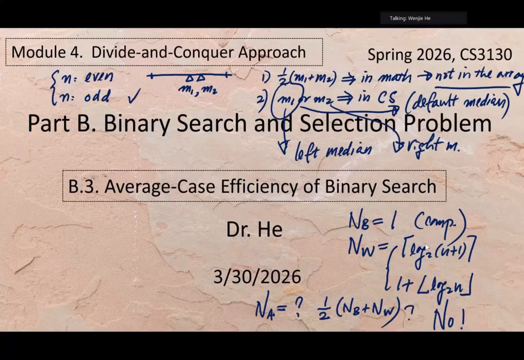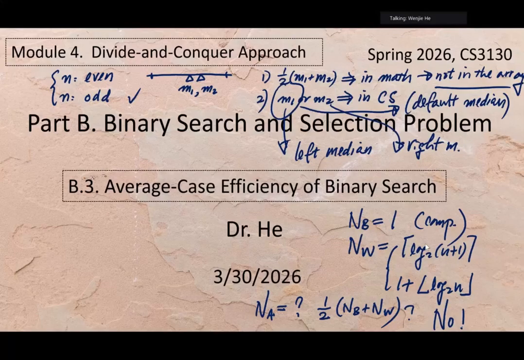That's the best case. For some of the cases, you need two comparisons. There are a few two-comparison cases. Then there are some other three-comparison cases, and so on. All those possibilities you need to factor in. But the distribution of those cases is not a linear function.